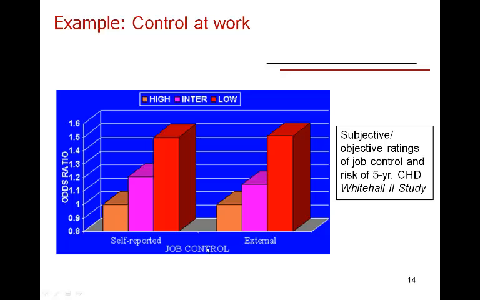And they're simply rated as low, intermediate, and high levels of job control. Here you can see there's a close correspondence between the self-assessed Karasek instrument results and those done by an external assessor, and then you find that there's this nice stepwise relationship with higher odds ratios of coronary heart disease being associated with those having the lowest levels of job control, followed by intermediate and high levels of job control.